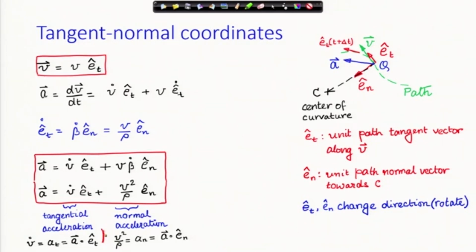If you dot product the acceleration vector with E t cap, you get v dot, and if you take the dot product with E n cap, you get the normal acceleration, normal to the path. So, we can find out the acceleration tangential to the path and the acceleration normal to the path from here, and we can also find out the radius of curvature. So, that is what we are going to look at next.